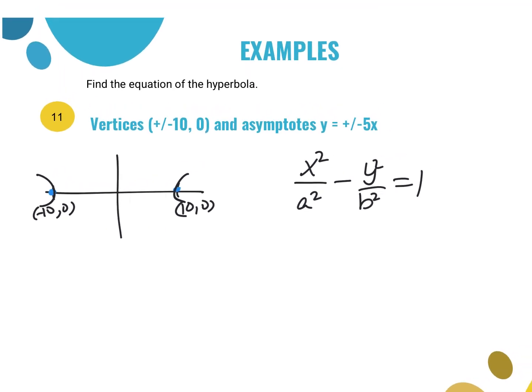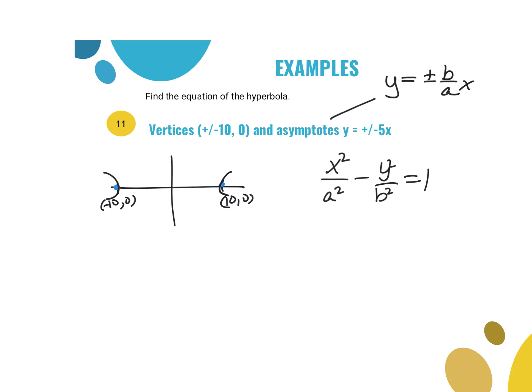Now, whenever the transverse axis is the x-axis, your asymptote is going to take on the form of y equals plus or minus b over a x. So I can find my a value. It's the distance from the center to each of the vertices. And you can see that the a value is 10. So a squared is going to be 100.